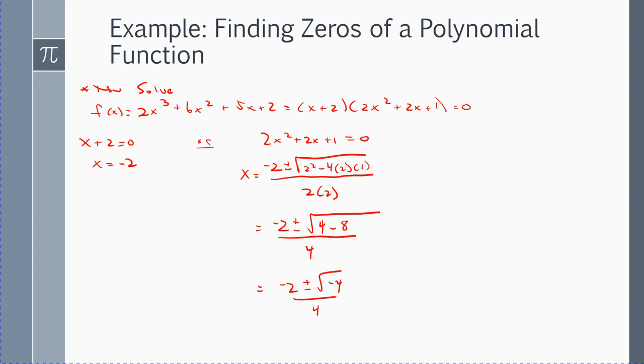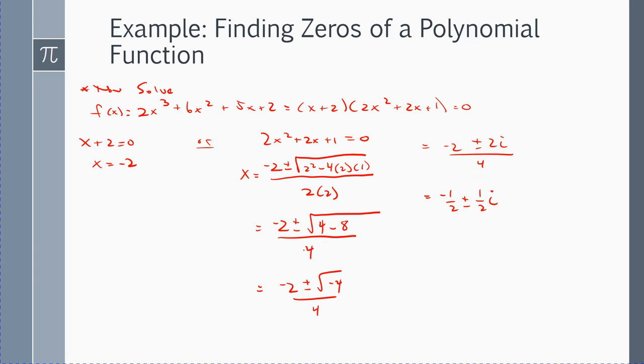Well, this becomes 2i. So this is negative 2 plus or minus 2i all over 4. Or this is minus 1/2 plus or minus 1/2 i. Just because I'm breaking it up, you can see that 2 divided by 4 gets you 1/2.